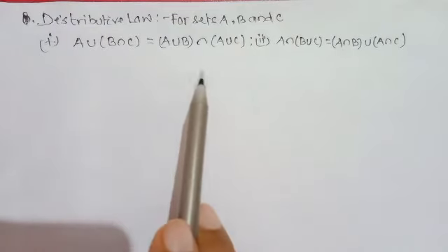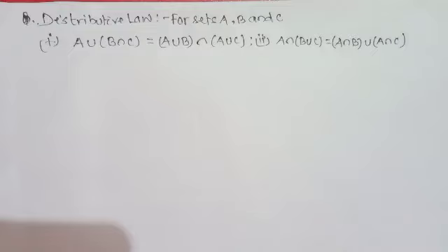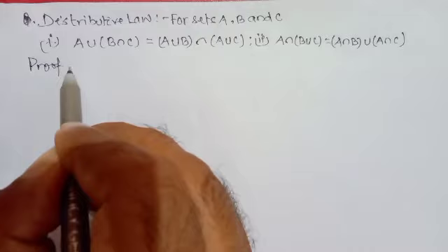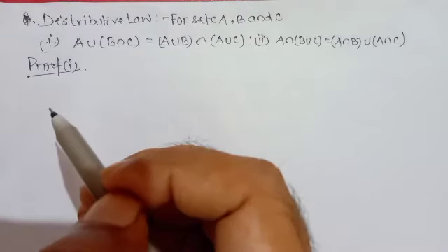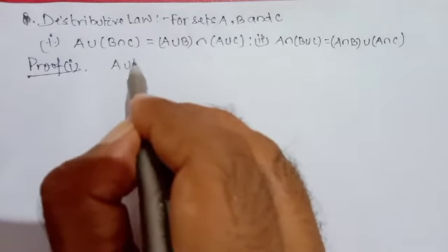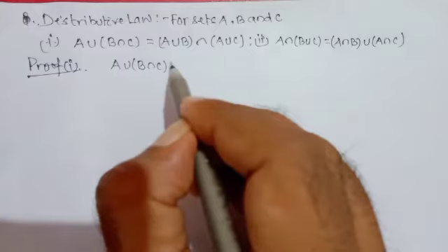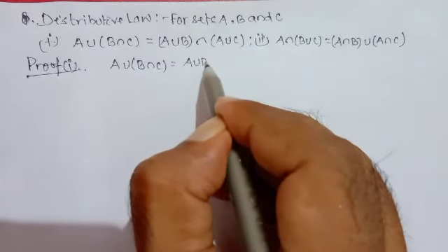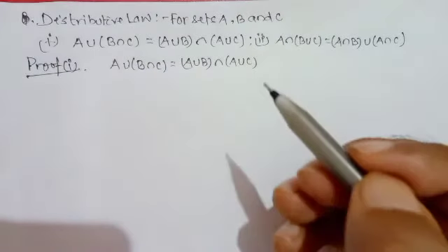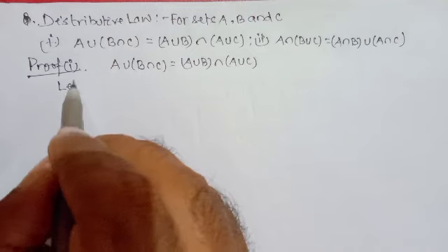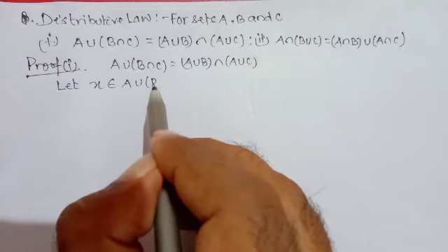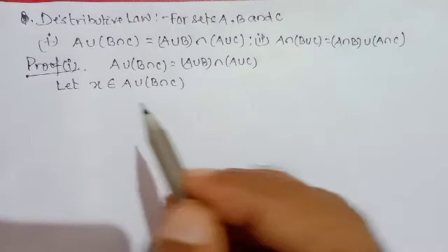You have to prove all these laws or relations in the same way. See the proof of one. This law is A union B intersection C is equals to A union B intersection A union C. Suppose or let X belongs to A union B intersection C. Expand this one.